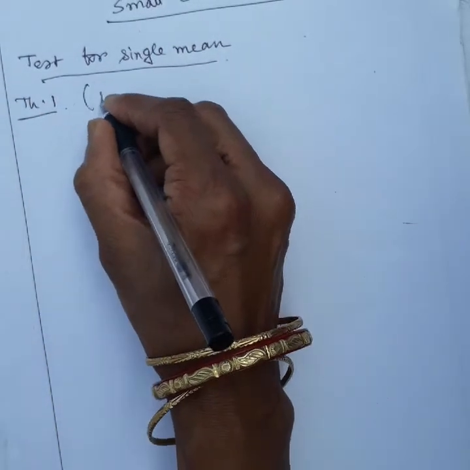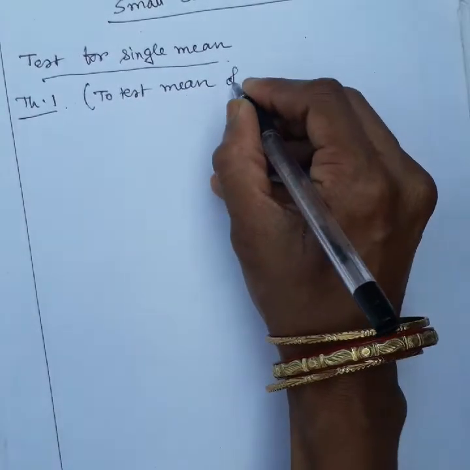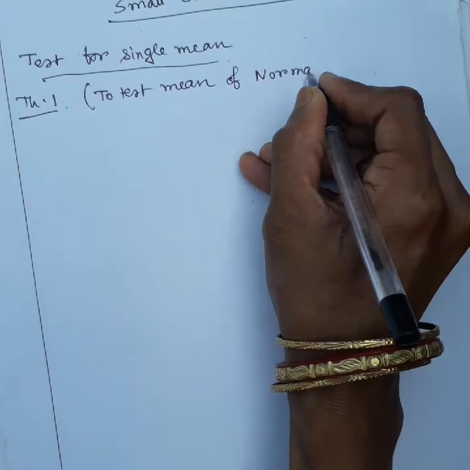Theorem 1, to test the mean of a normal population.